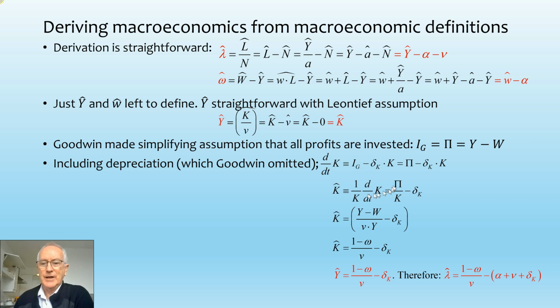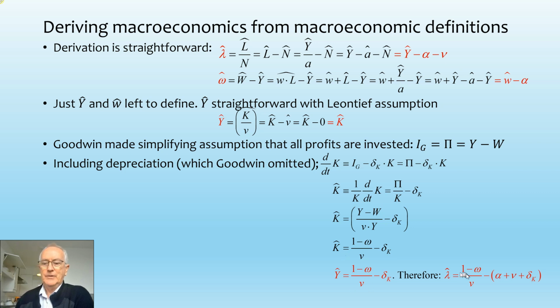So K hat is now profit divided by capital minus depreciation. Profit divided by capital is output minus wages, divided by the capital output ratio times Y, minus depreciation. Divide through here, you get 1. Divide here through by here, you get omega. So 1 minus omega over the capital output ratio minus depreciation is the rate of change of capital, and that's also the rate of change of output.